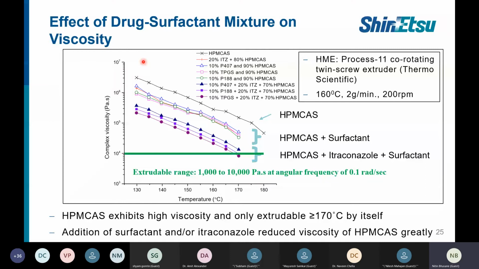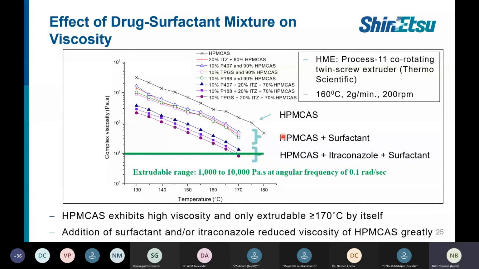Since HPMC AS has high melt viscosity, what they mention here is that as they introduce some surfactant into it at around 10%, the viscosity of the complex reduces.